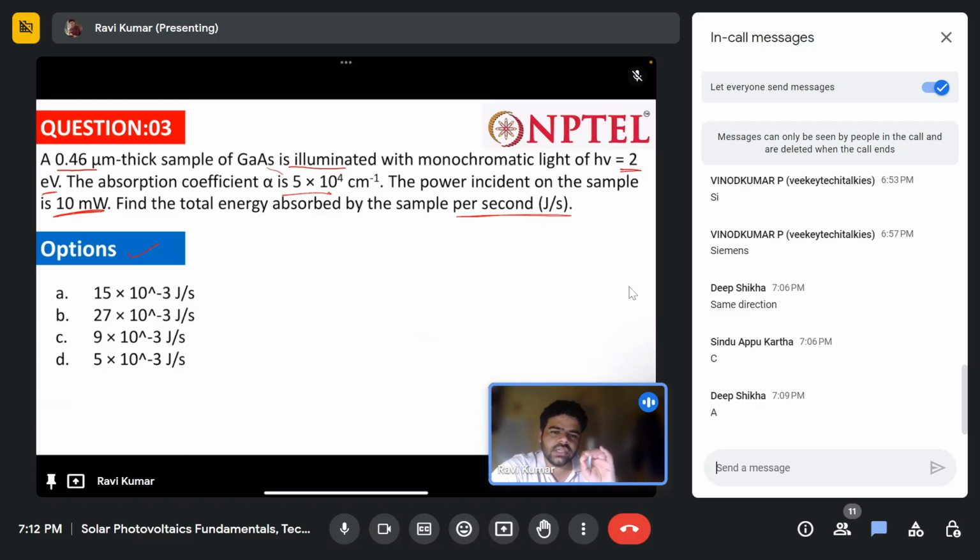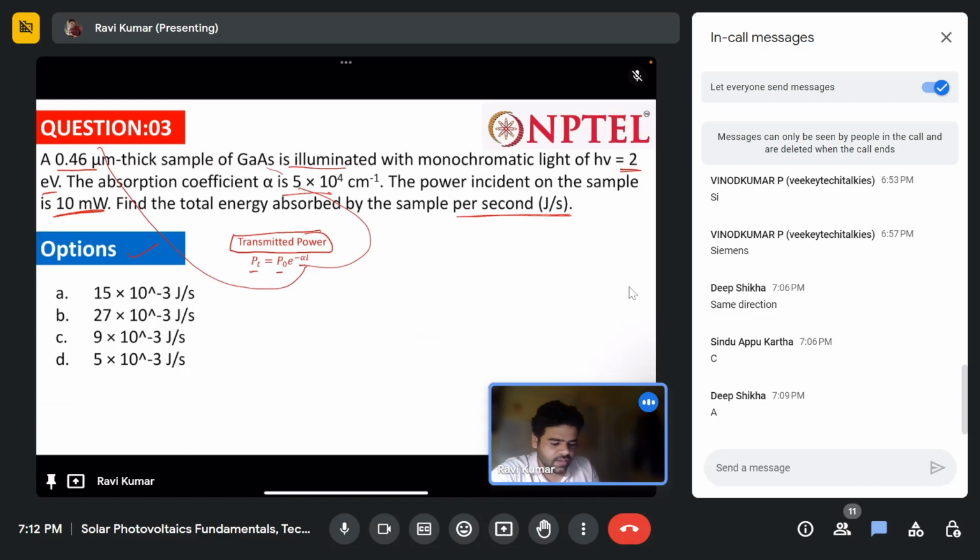For this, you just need one formula. It is for the transmitted power. We can calculate it like this. Transmitted power equals P naught, the incident power, into exponential of minus alpha into L. Alpha is given here and L is given here, the thickness.